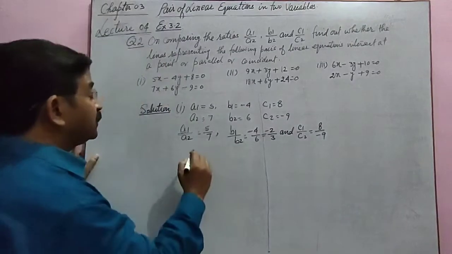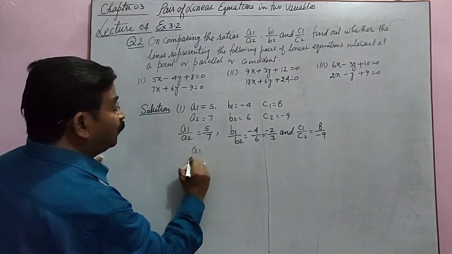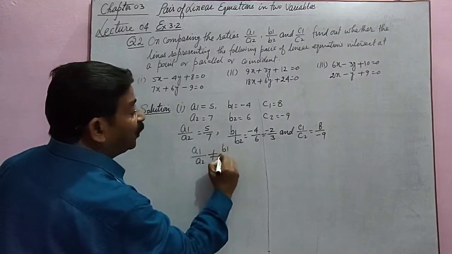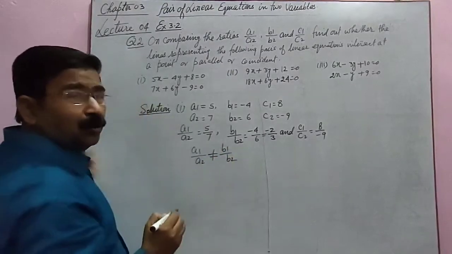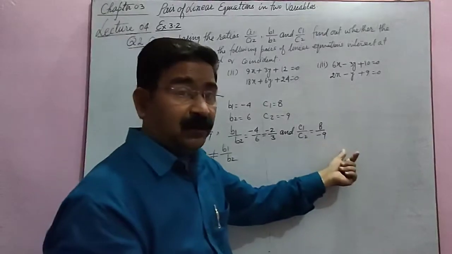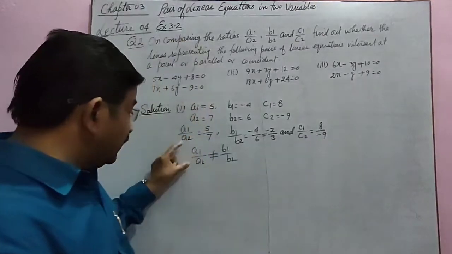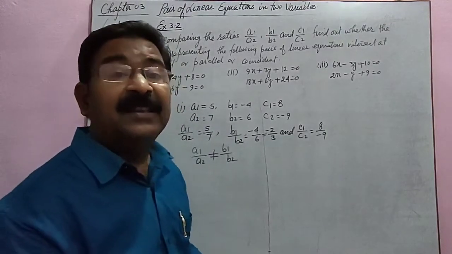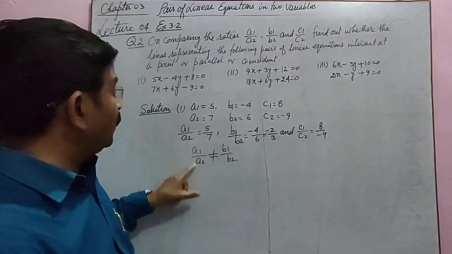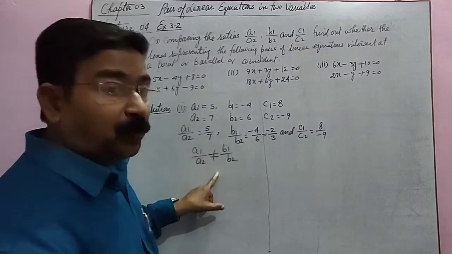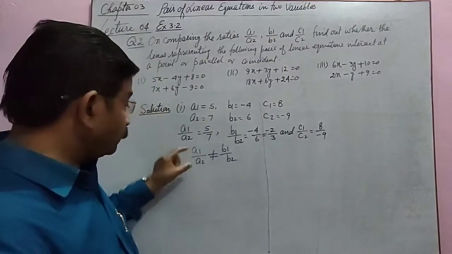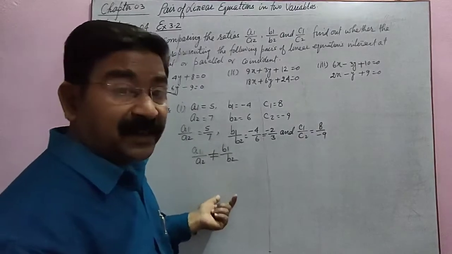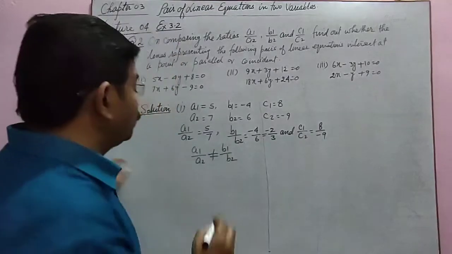No. So a1 upon a2 is not equal to b1 upon b2. Now there is no need to see the third one, c1 upon c2, because this situation happens in only one case, and that is intersecting lines. If a1 upon a2 is not equal to b1 upon b2, the lines are intersecting, and that is a unique solution.